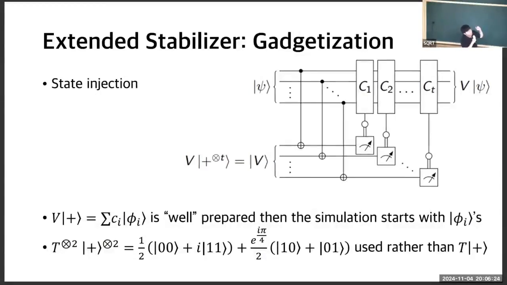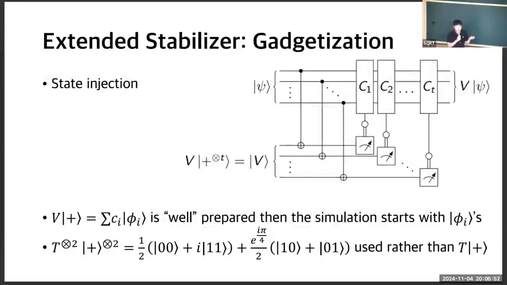This uses the state injection, which takes psi as an input, and if we have the magic state, which is just a non-Clifford gate applied to plus qubits, then we can make that as a CNOT and measure it, and then post-processing it makes the V to apply to the states.